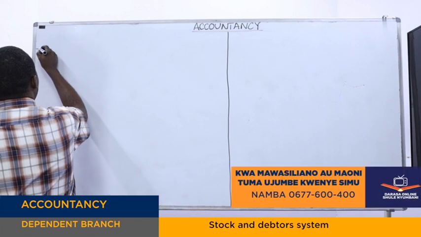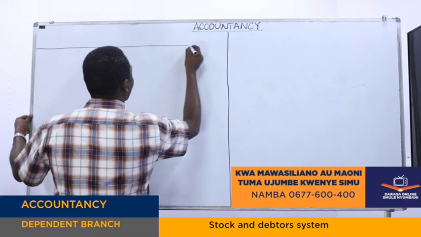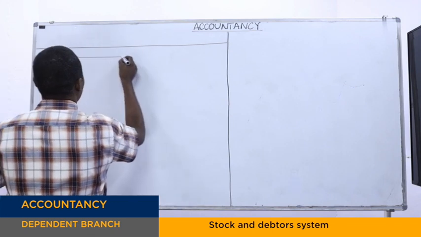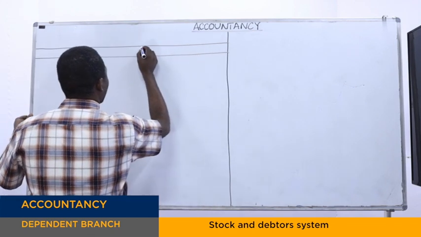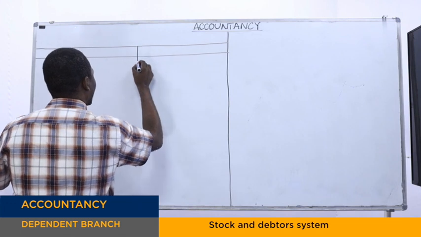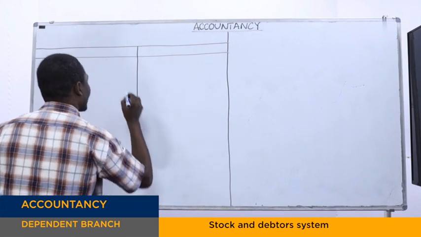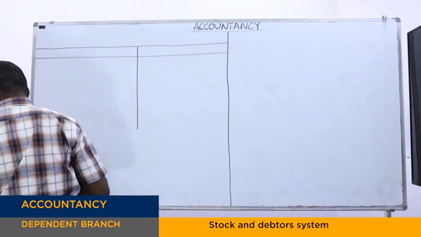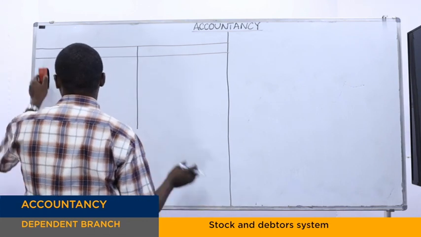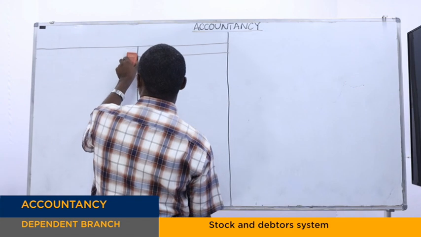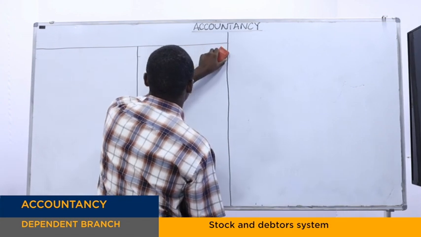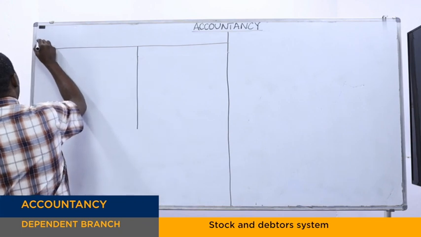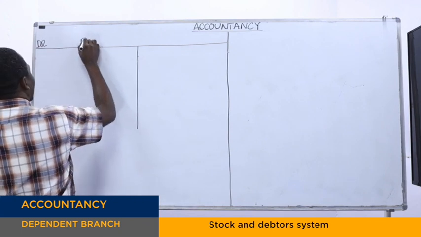Let us start with the branch stock account. Okay, so this will be ruled with one column. So we write here debit.